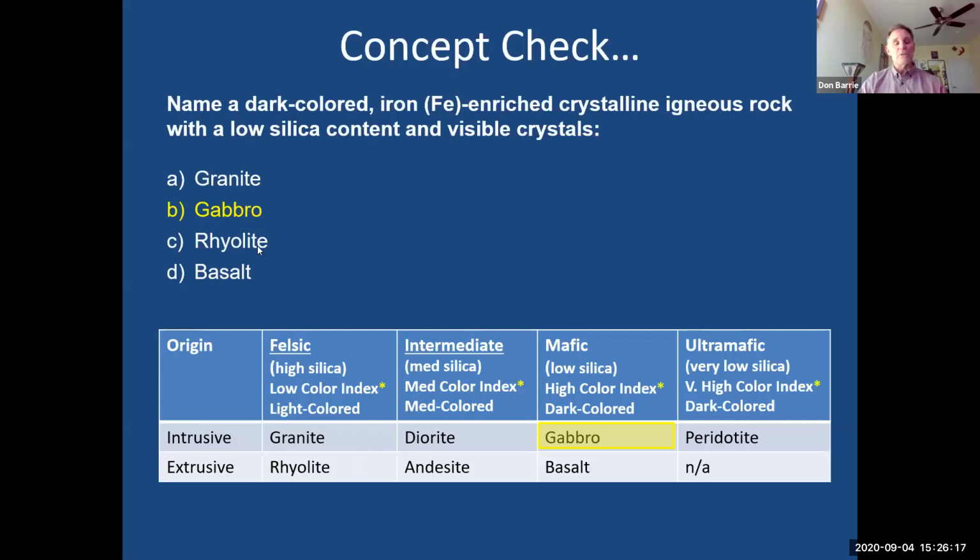We can also rule out rhyolite for a couple of different reasons. The silica content of rhyolite is high, not low, like this rock. And also remember that as an extrusive igneous rock, rhyolite is very fine-grained. And yet I've indicated that this rock has visible crystals. So in summary, the visible crystals tell us that the rock is intrusive, and the low silica content tells us that the rock is mafic in terms of its composition. So an intrusive mafic igneous rock has to be gabbro.